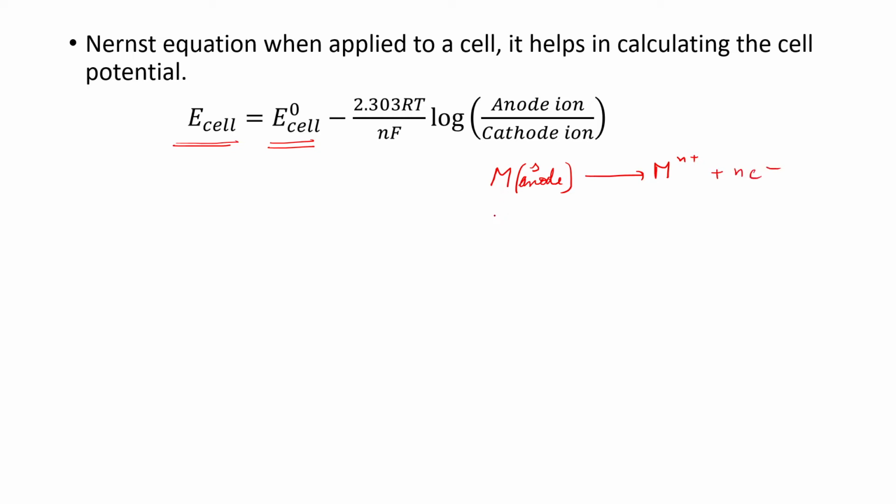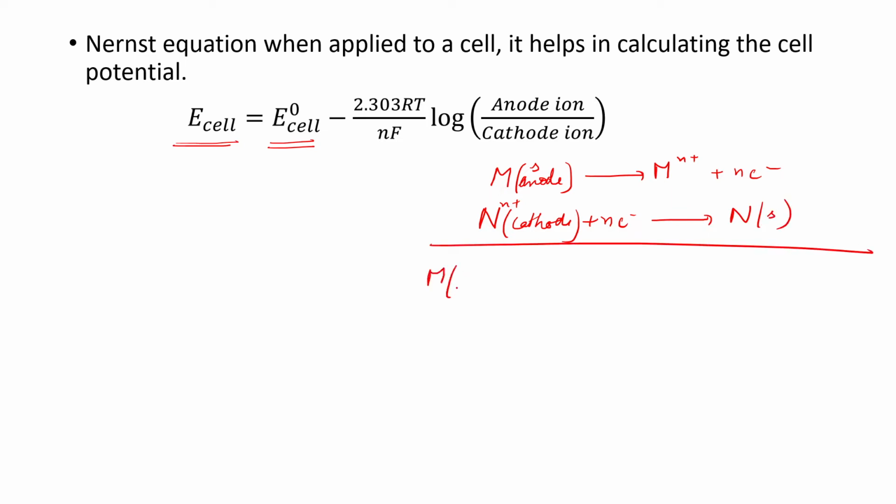Similarly, cathode ions: let's say N is the cathode ion. By taking n electrons, it will convert into N solid. So for the overall reaction, M anode plus N n+ ions at the cathode will give you M n+ ions plus N solid.